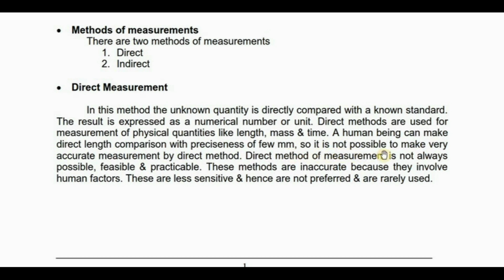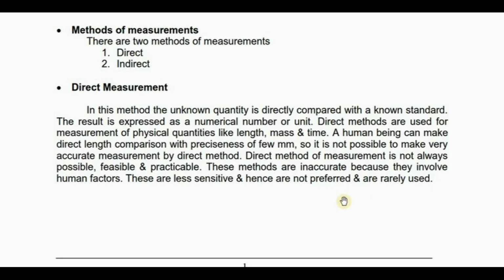So it is not possible to make very accurate measurements by the direct method. Direct measurement is not always possible, feasible and practicable. These methods are inaccurate because they involve human factors. These are less sensitive and hence are not preferred and are rarely used.